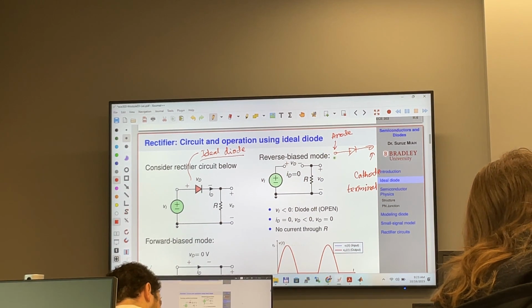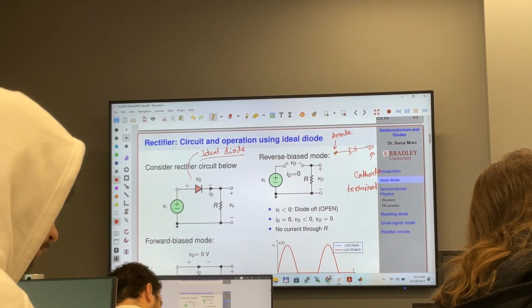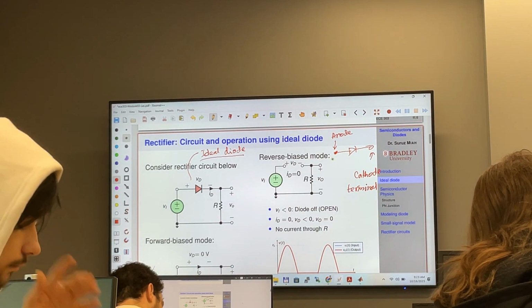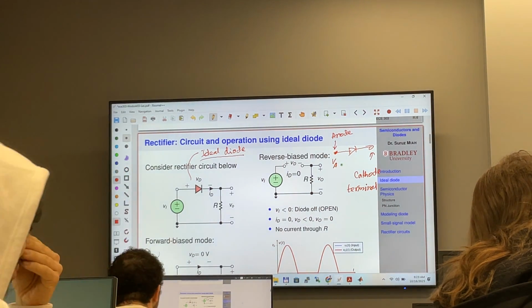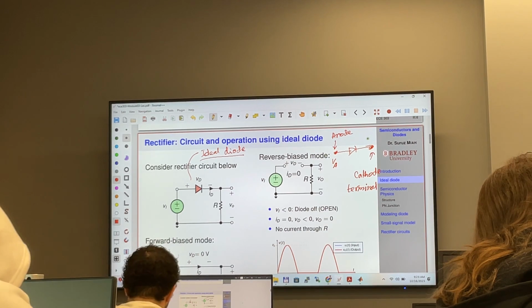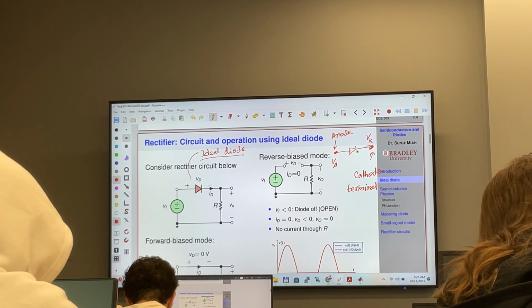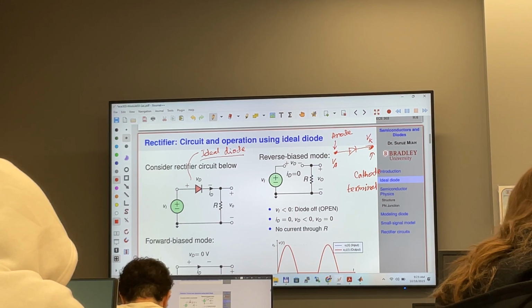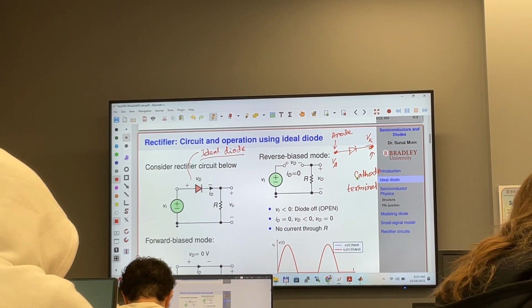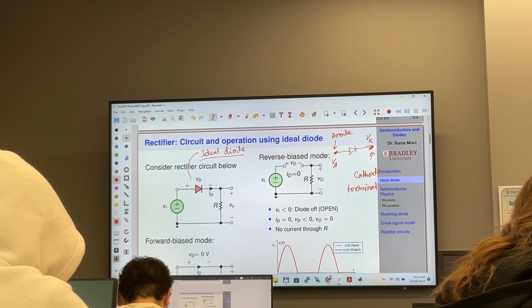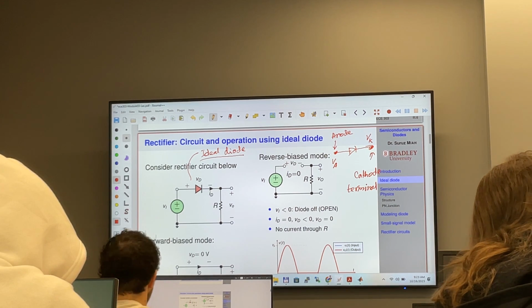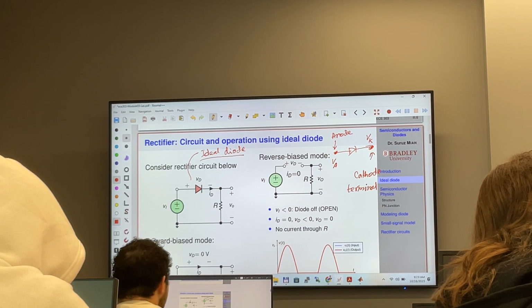Now the voltage of this terminal, I'm going to denote it with V sub A, and the voltage of this terminal, I'm going to denote it with V sub K. So K for cathode, okay? And we do not use C because in electrical engineering, we use C for capacitance.